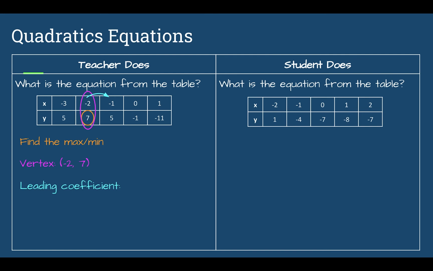So negative 2 to negative 1 is just 1 over. So what did it do? It went down 2. Now plugging those in, I would get negative 2 times the quantity x plus 2 to the second power plus 7. Again, opposite of h, same k.